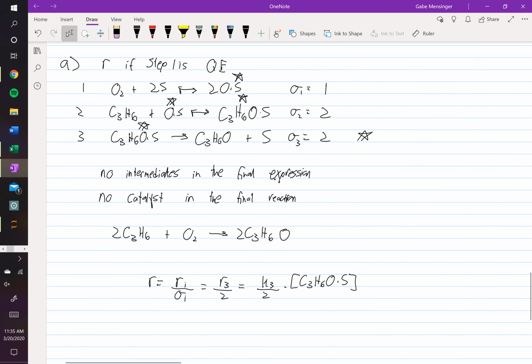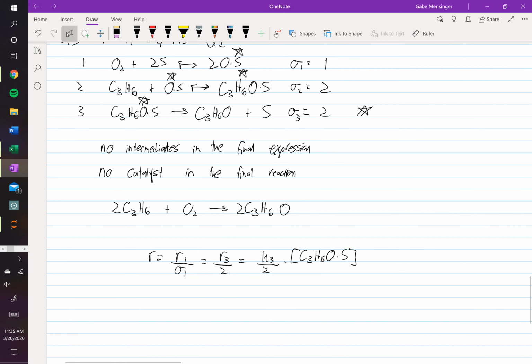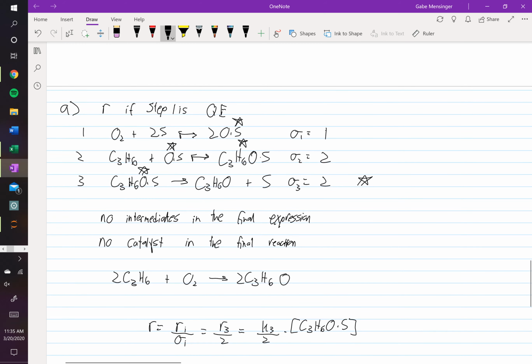And we are told that we can assume that step 1 is QE. So writing that out, we have K1 and a K minus 1, a K2 and a K minus 2, and a K3.